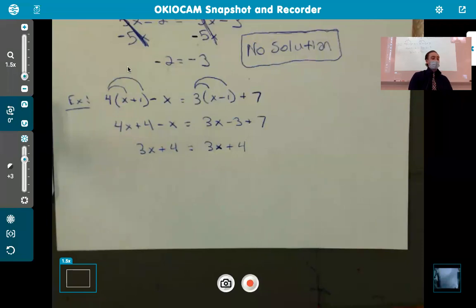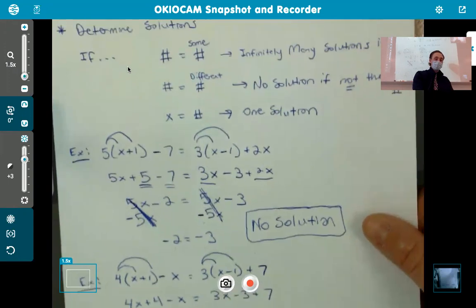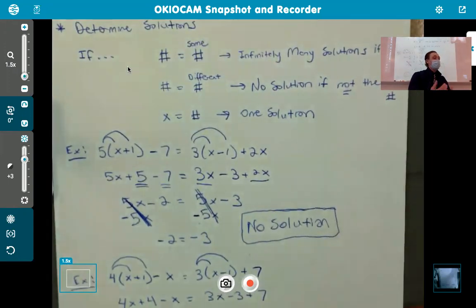Will somebody read out what I have right now? Equals. Do I have the same thing on both sides? So then what kind of solution do I have? If I look at my solution types, it's the same thing on both sides, right?